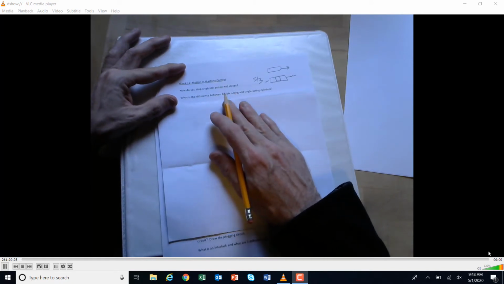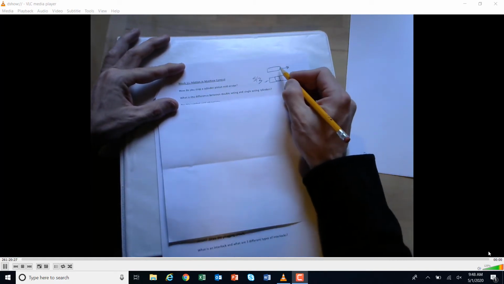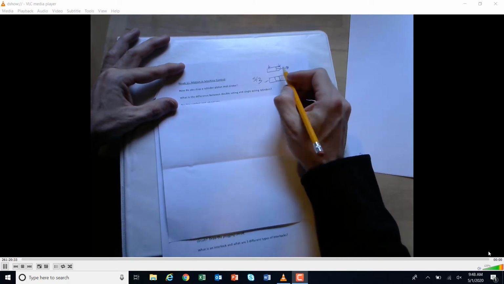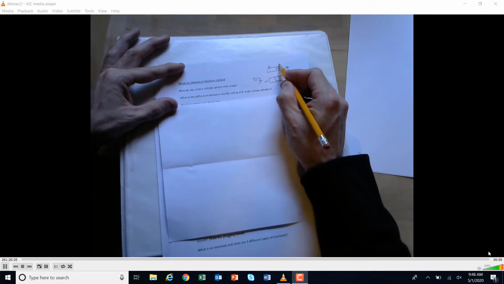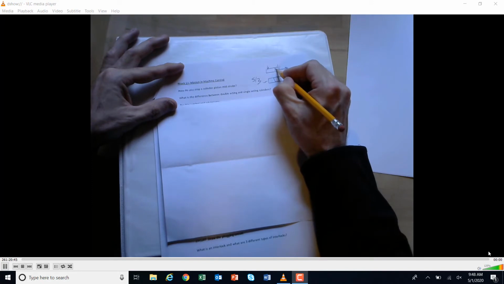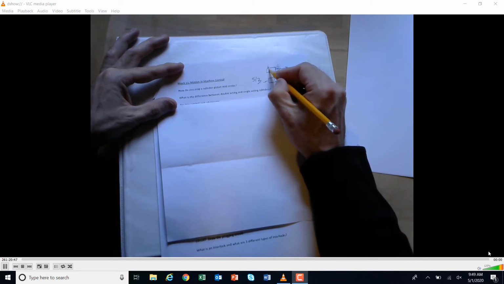The difference between a double-acting and a single-acting cylinder, remember, a double-acting allows you to pressurize both sides of the piston here, and you can use the force generated by the air pressure to move it forwards and backwards. A single-acting cylinder might not have this. It might have a spring in here, and the air would push it out, the spring would return it back.